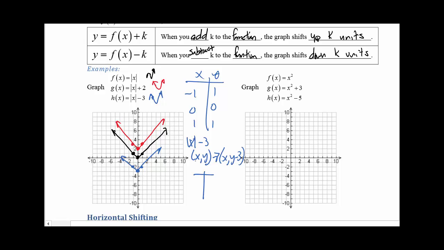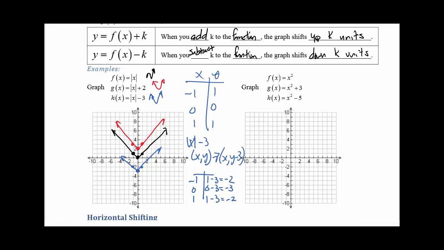So I can go into each of my points and, well, for the negative 1, the 0, and the 1, the x's stay the same. All the y values for those same points are going to go down 3 units. So 1 minus 3 puts it at negative 2. 0 minus 3 puts it at negative 3. 1 minus 3 puts it at negative 2 again. Okay, so we can use a mapping idea to also visually see what's going on here.